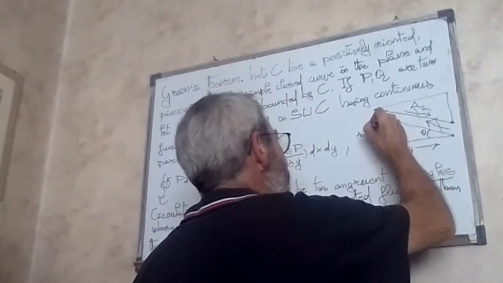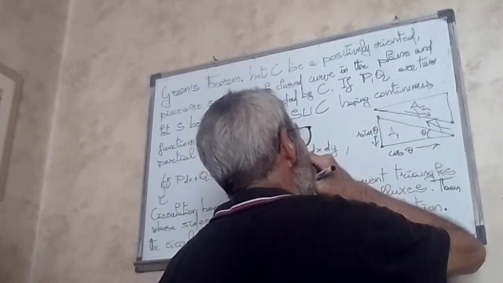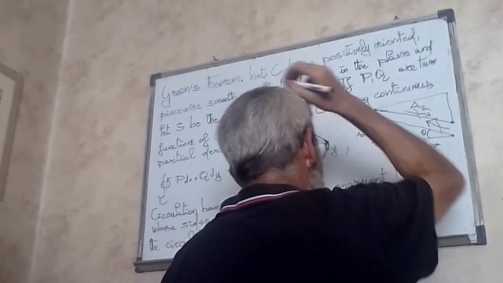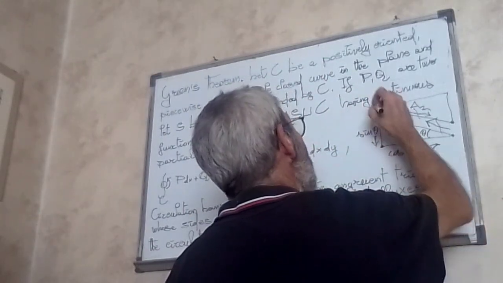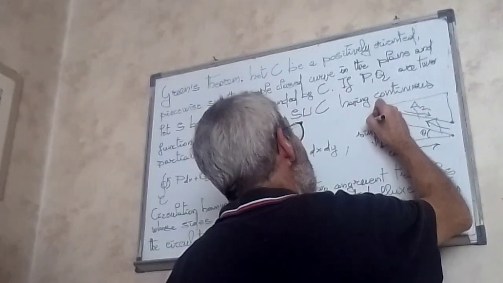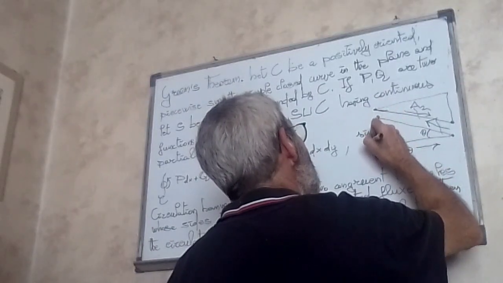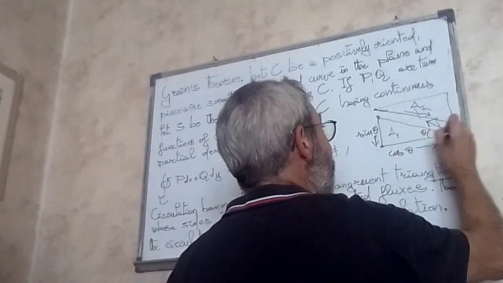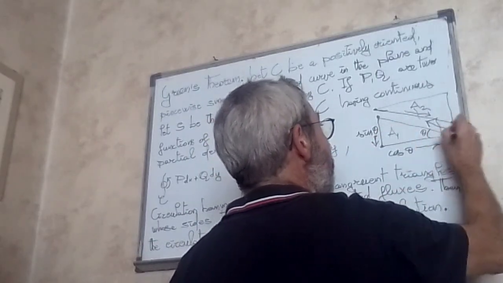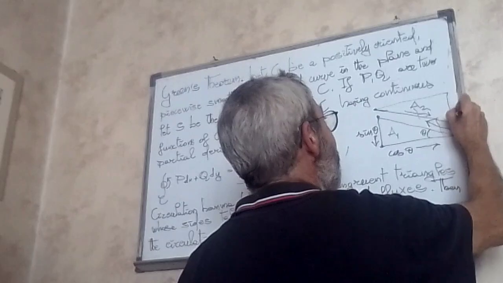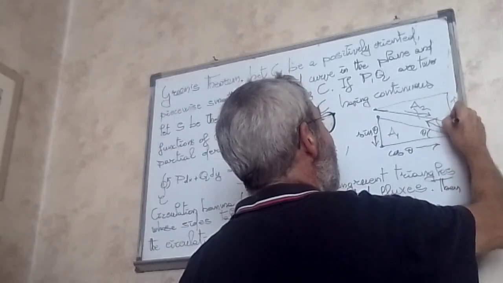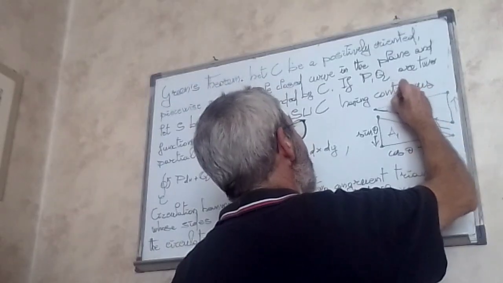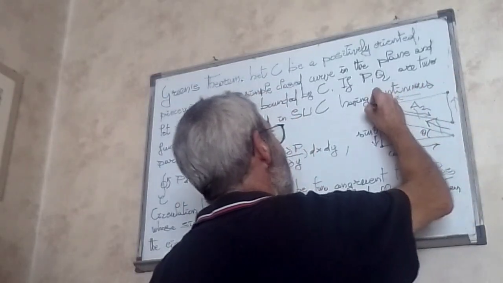So that it remains a circulation on the rectangle with a flux between this vertex and this vertex, a flux between this vertex and this vertex, a flux between this vertex and this vertex, and finally a flux between this vertex and this vertex.